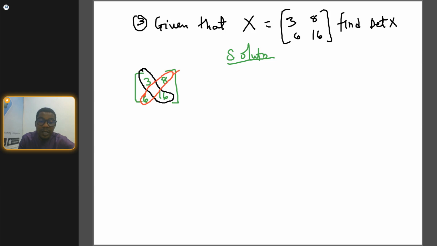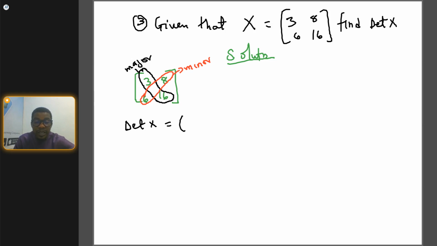So the determinant of X is the product of the major diagonal minus the product of the minor diagonal.